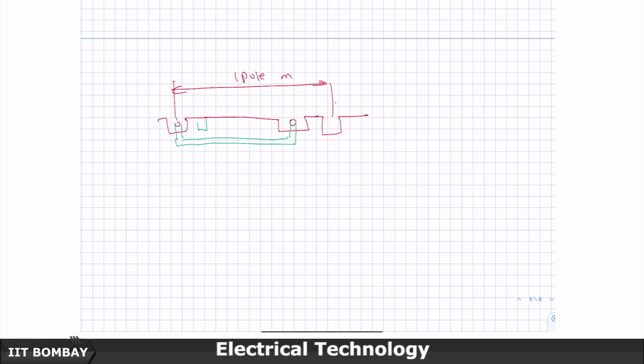This is usually done with a two layer type of winding. So, this is one pole pitch mechanically, that is constructionally, and I have a short pitch coil; I have reduced it by 1.